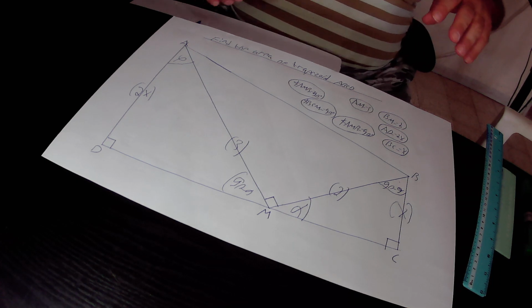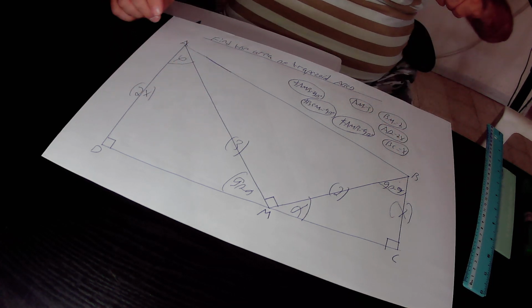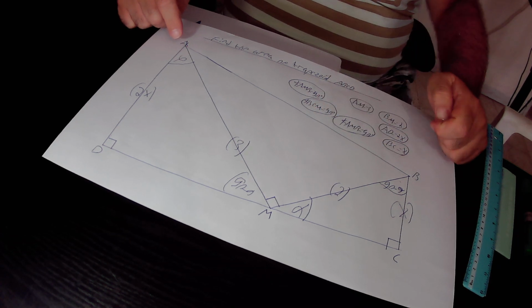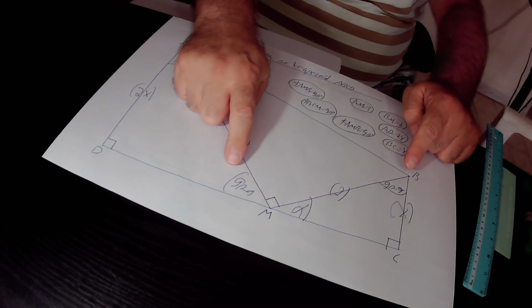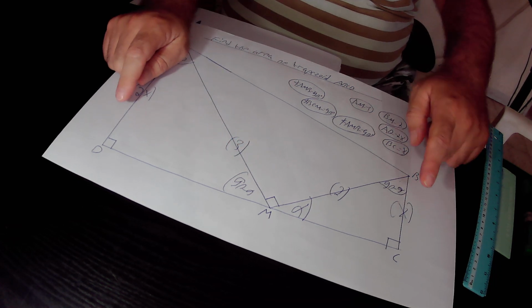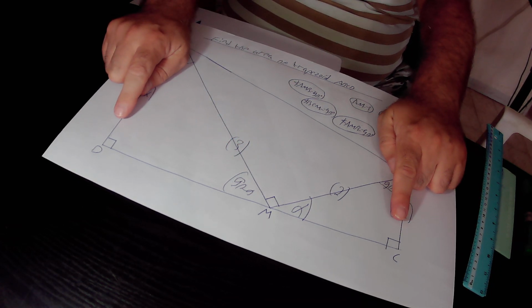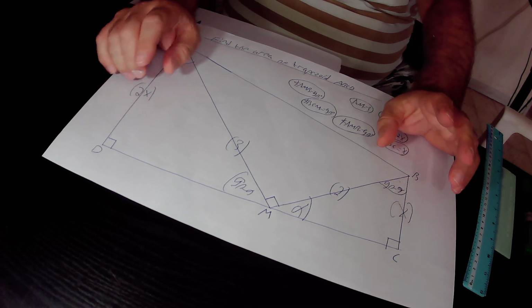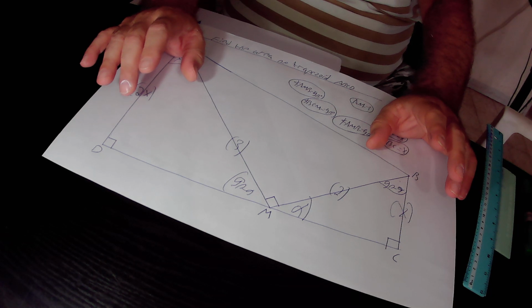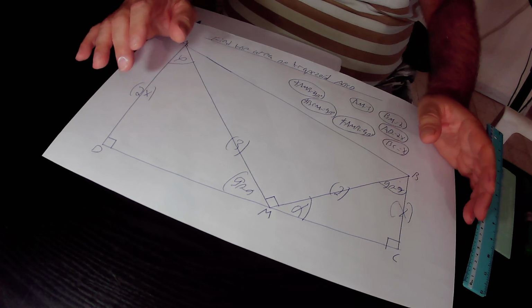So, in both those two right triangles, we have angle alpha. In both those two right triangles, we have an angle that is equal to 90 degrees minus alpha also. And in both those two right triangles, we have this right angle. So those two right triangles are similar to each other according to angle similarity rules. So I write it down.